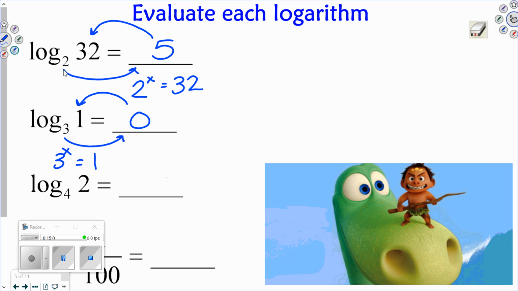So this one is asking me 4 to what power equals 2? It would be one half. No, it's an exponent. The square root. That's what I was looking for. Yeah, because the square root of 4 is 2. You got to be thinking exponents every time, not just multiplying.